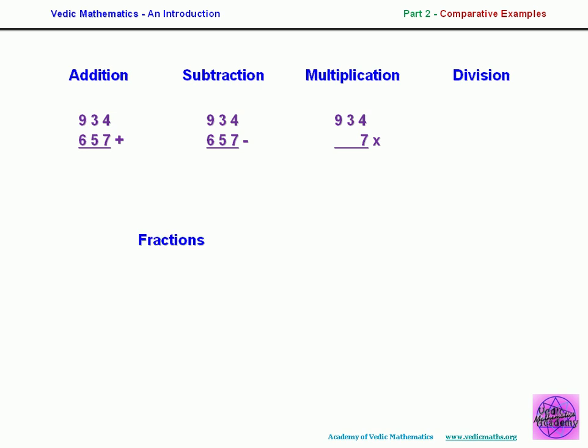Fractions, this is a notoriously difficult subject for the children and they don't remember it. In the Vedic system, we can use a simple pattern under the vertically and crosswise formula and write the answer straight down. Don't have to worry about any common denominators or anything like that. It's easy to explain. It's extendable to 3 or more fractions.